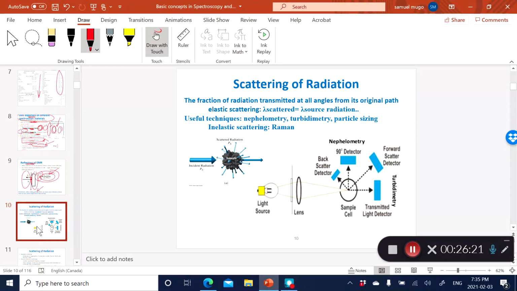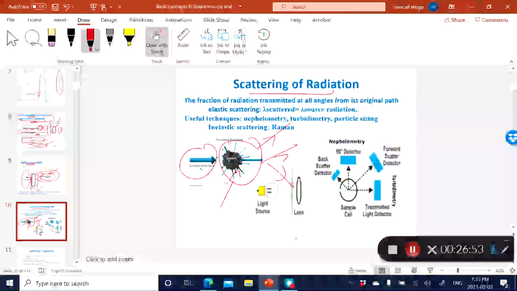I think the fourth type of behavior of light, as it impinges on a specimen, is what you refer to as scattering, and I think it's fairly obvious. As an incident beam impinges on the sample, you would expect the light to be scattered by that specimen. The scattering really is dependent, of course, on the size of the particle, but it's also dependent on the chemical composition of the particle.